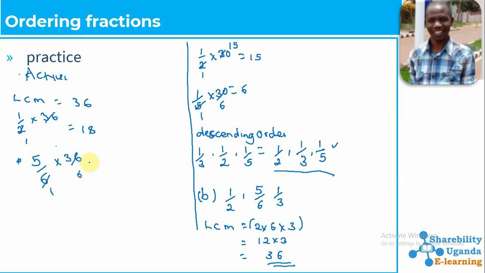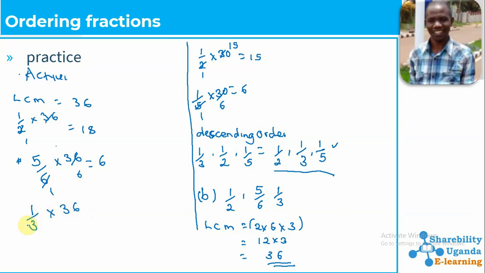We get 6. So here our answer is 6. We also have another one, which is 1 out of 3 times 36. So we should say 36 divided by 3.